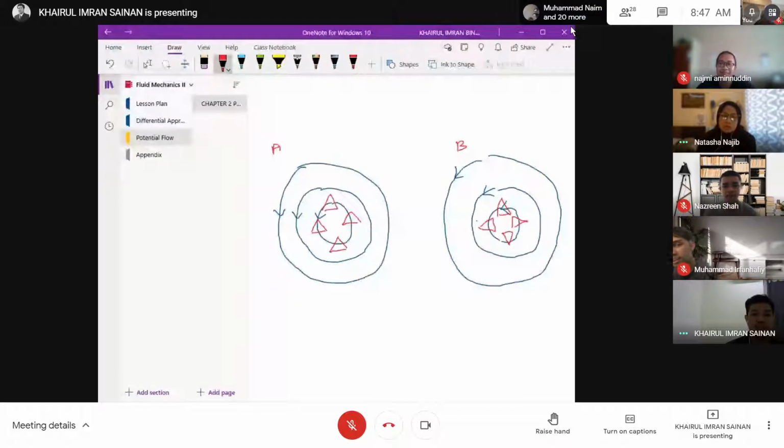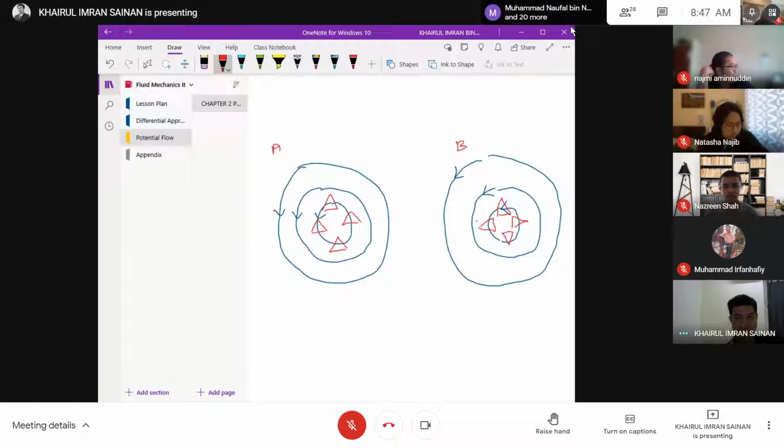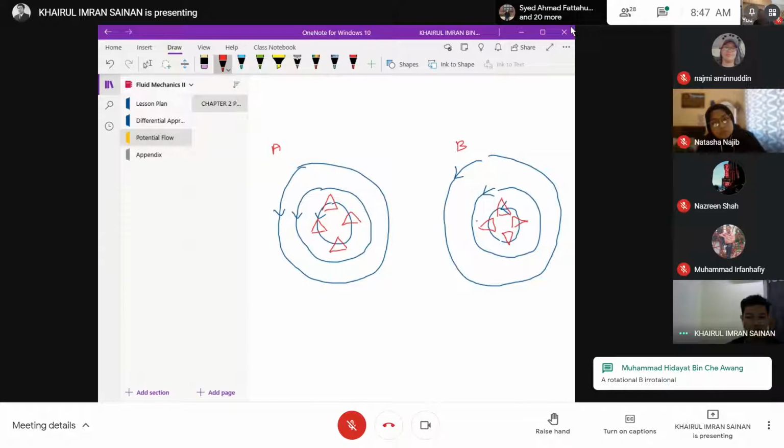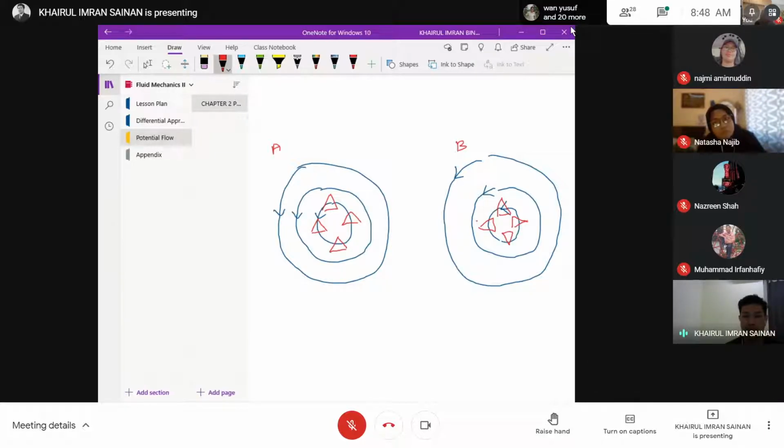Hidayat says A is rotational, B is irrotational. So basically it is 50-50.